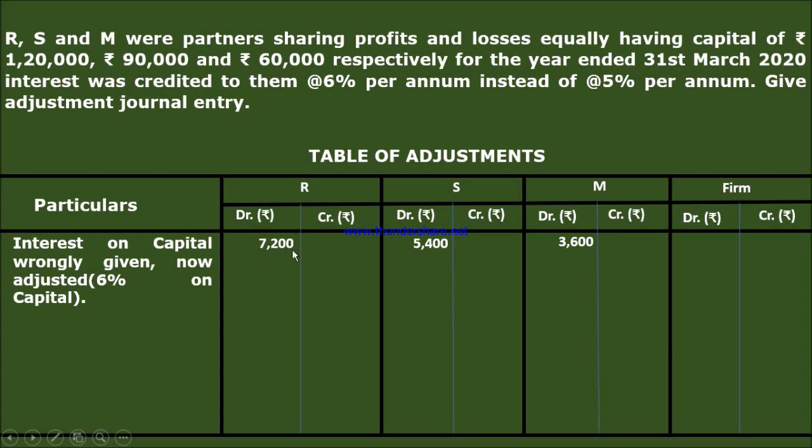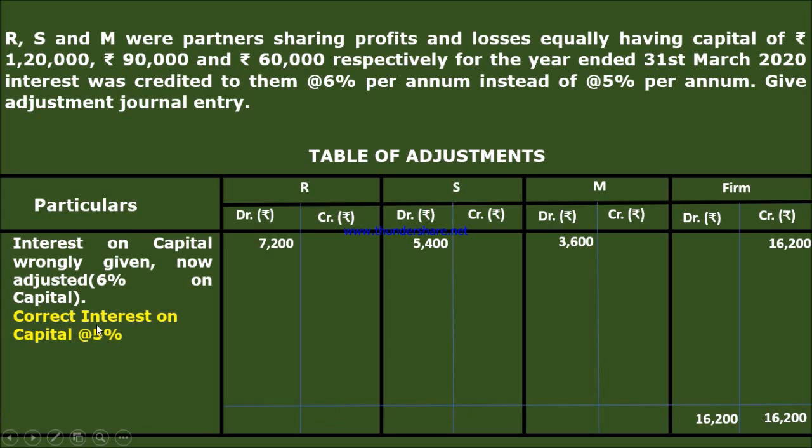And we have to make a total of these three, 16,200. 16,200 we have to write on the credit side. Why credit side? Because whatever happens in the partners' capital accounts, we have to do just the opposite in the firm's.